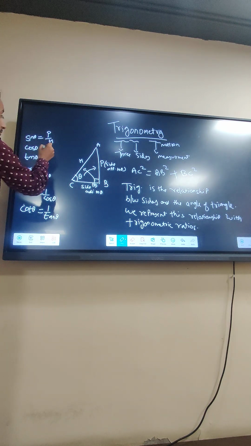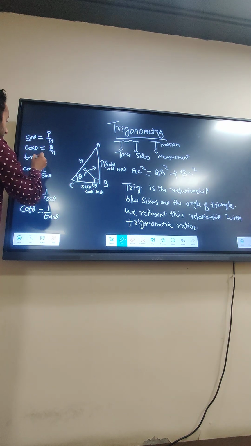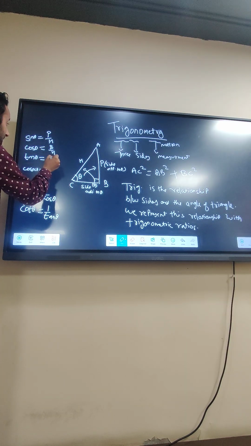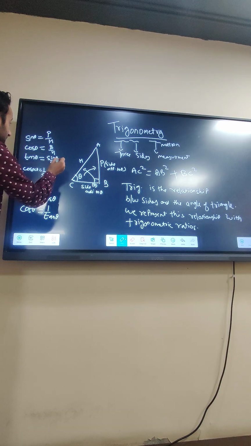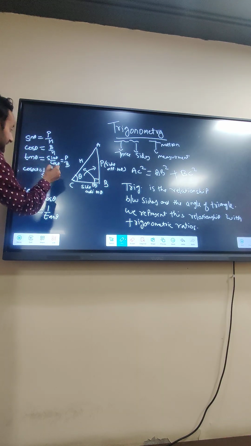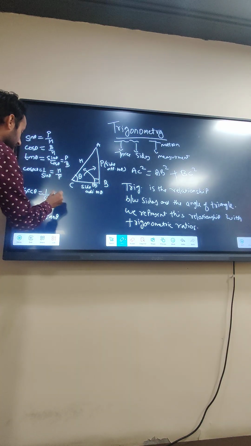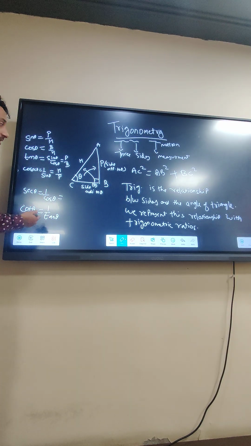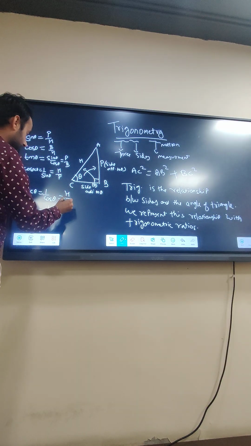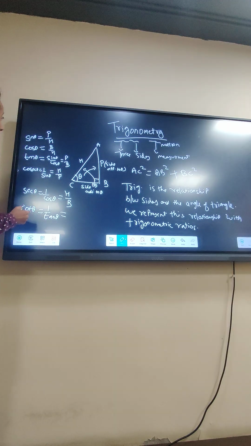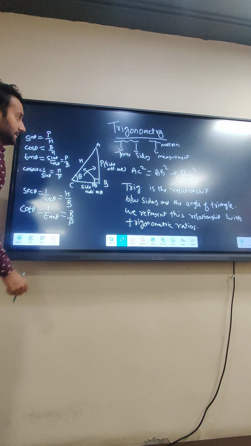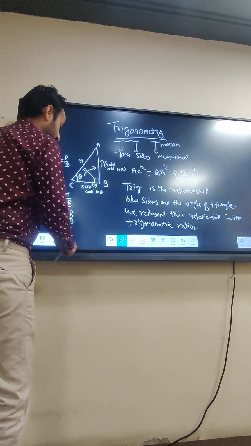So cos theta will be equal to B by H. Tan theta is just the ratio of sine theta by cos theta, so it is P by B. Cosecant theta is the reciprocal of sine theta, it will be H by P. Secant theta is the reciprocal of cos theta, so it will be H by B. Now cot theta will be the reciprocal of tan theta, it will be B by P. Clear?